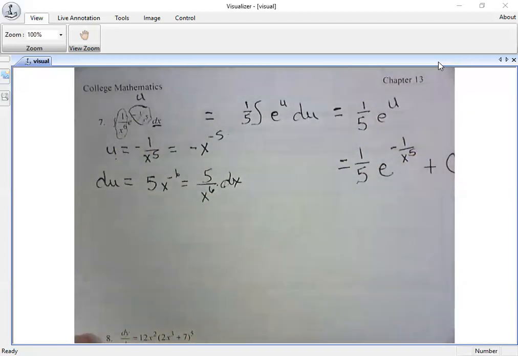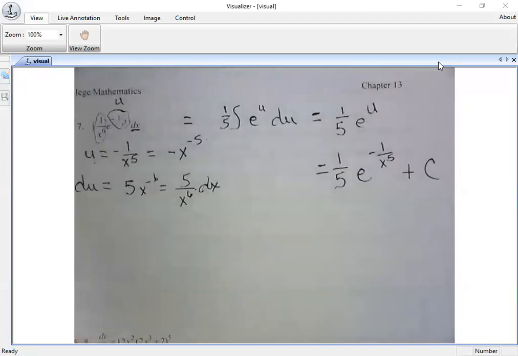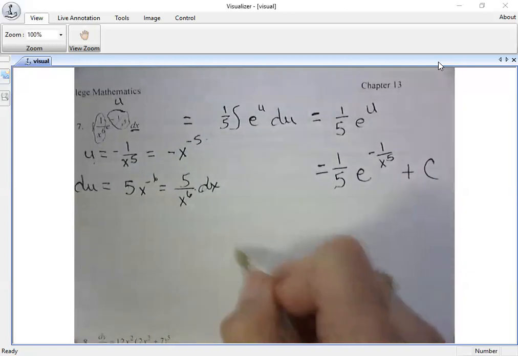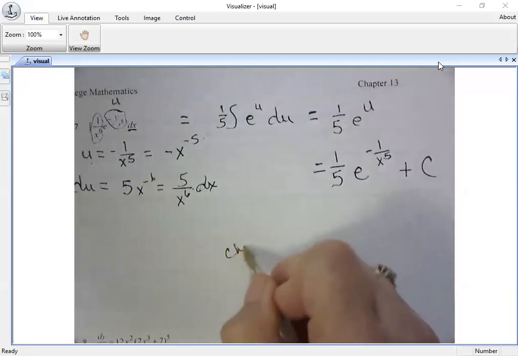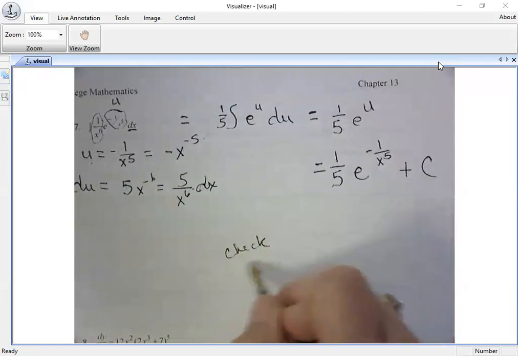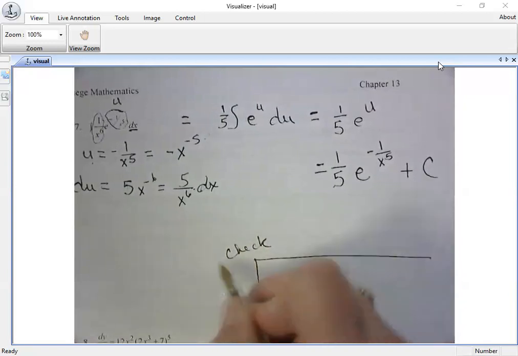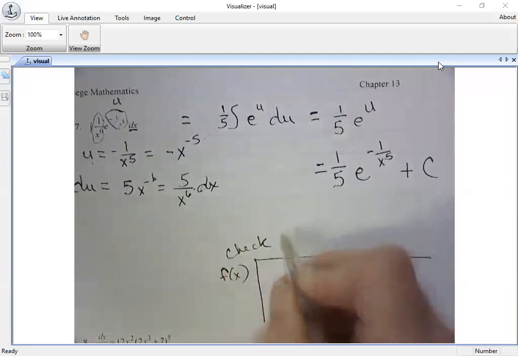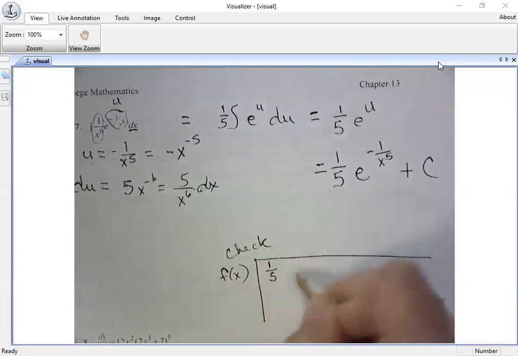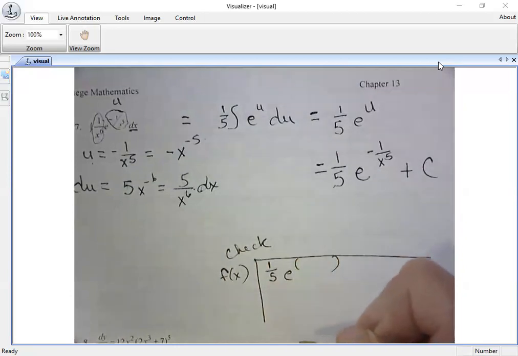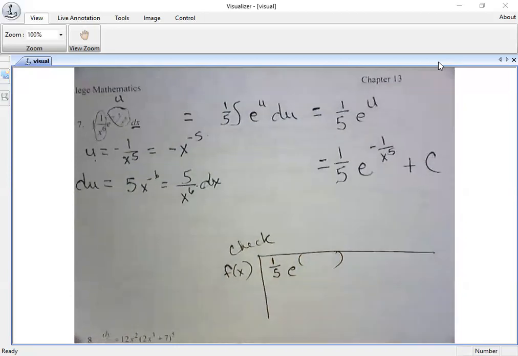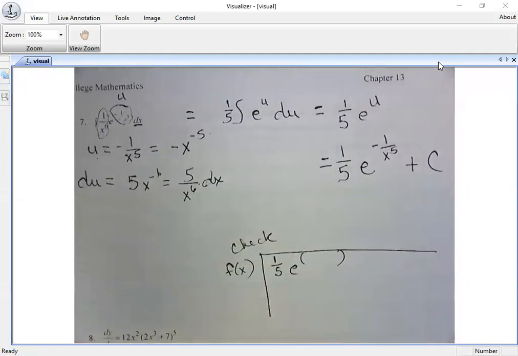Okay, now this one, I think we need to differentiate to make sure we actually did it right. Does this look like it probably needs a chain rule? Looks crazy. Yeah, I think it needs a chain rule, okay? And here's why I think it needs a chain rule. It's 1/5 e to the something. Are you picking up on the idea that when we use the chain rule, whatever the something is really the same thing as a u?